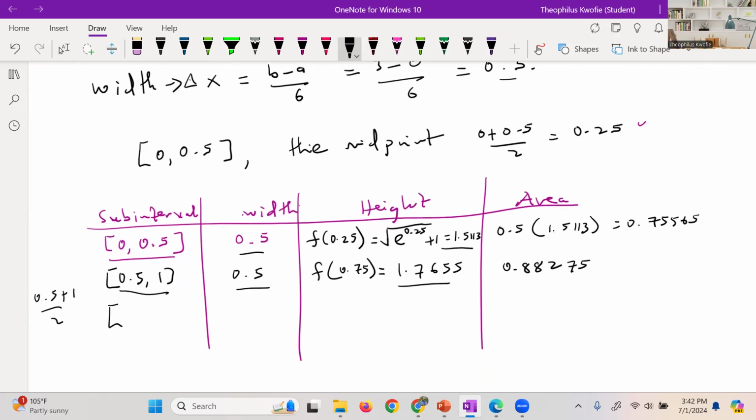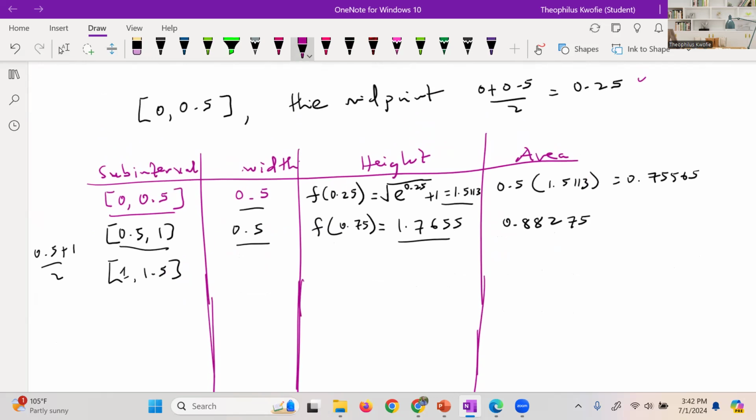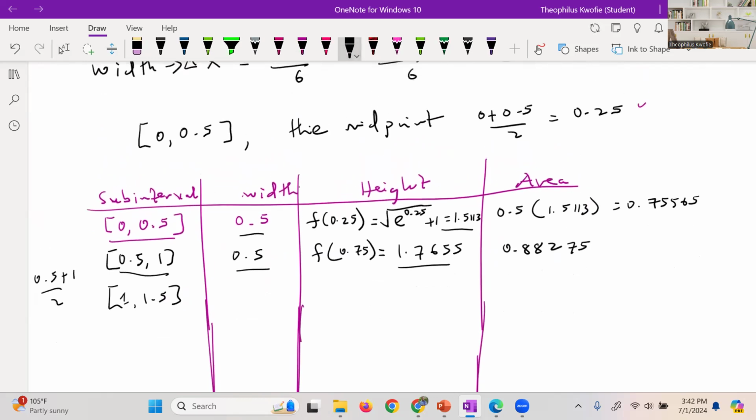Then the next sub interval will be from 1 to 1.5. And then the width we all know is 0.5.